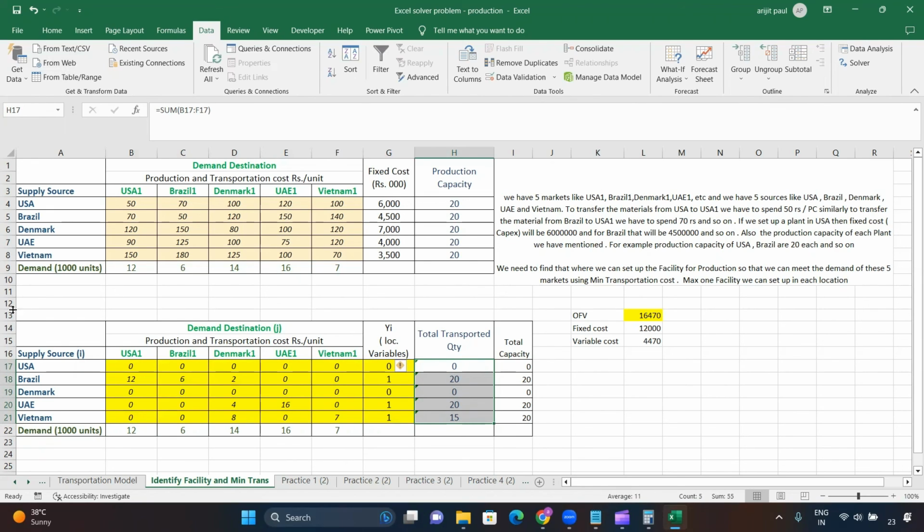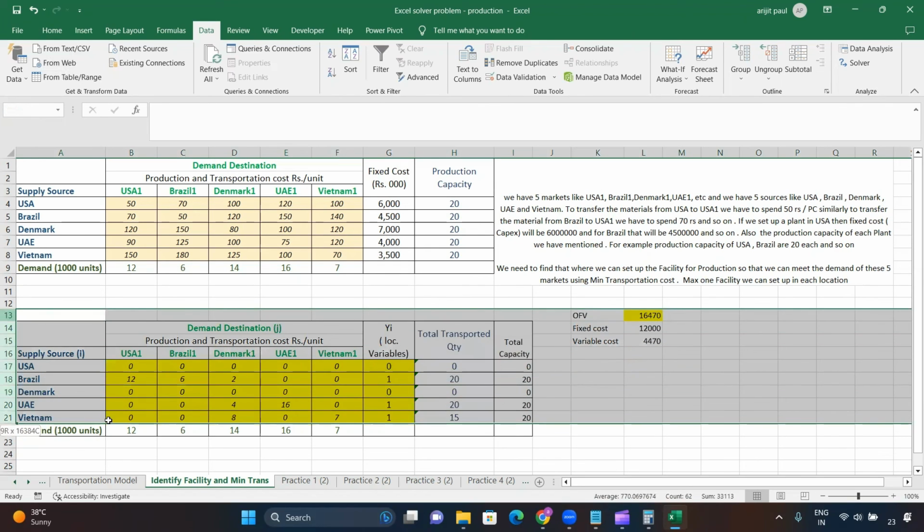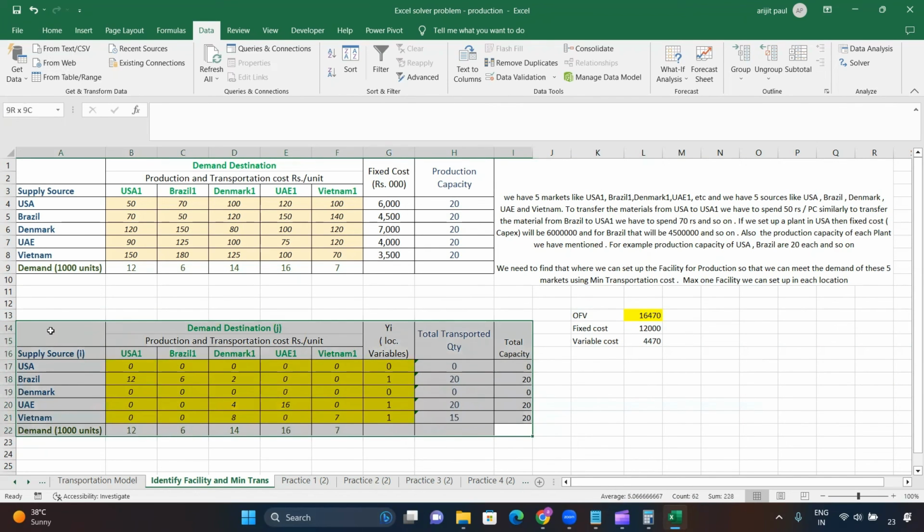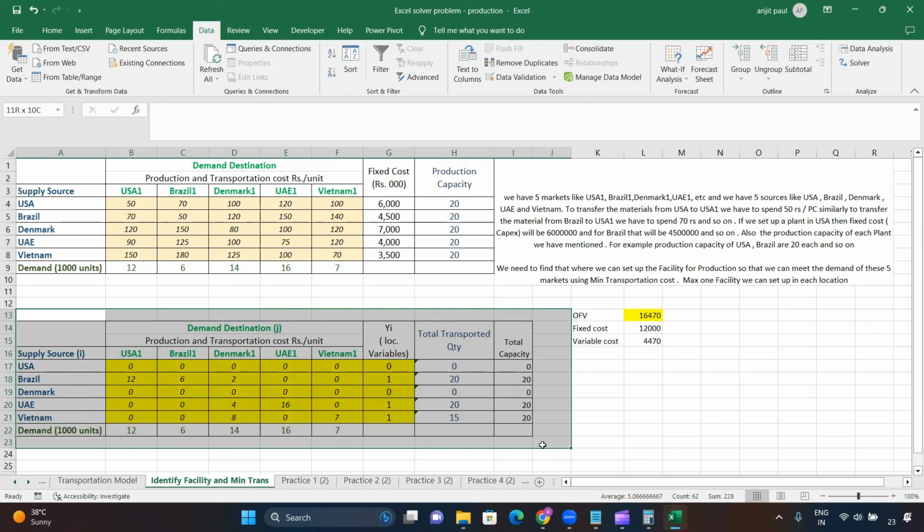And if we follow this plan, then our cost will be around 16,470. And this is the best optimal solution by considering all the input parameters and the constraints that we have mentioned in our problem.